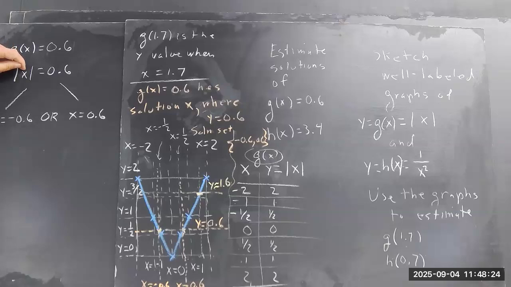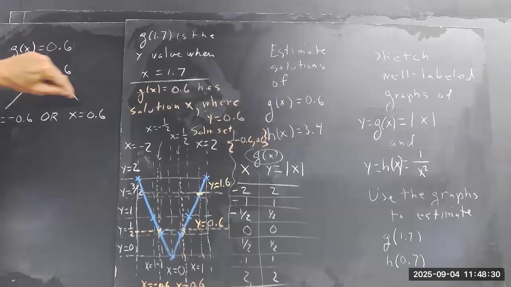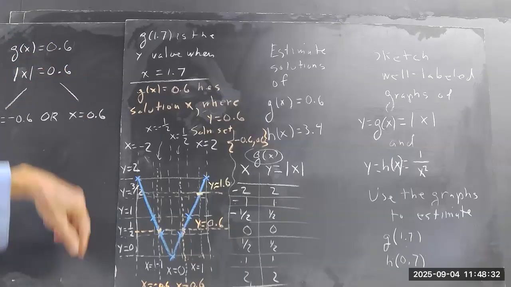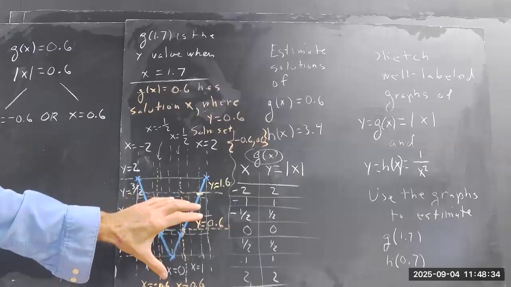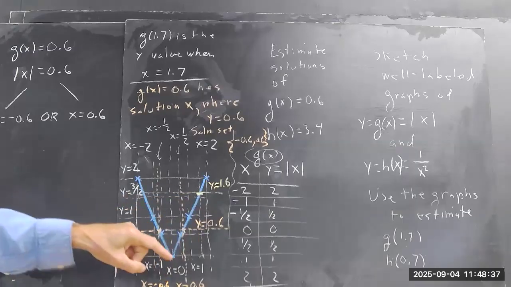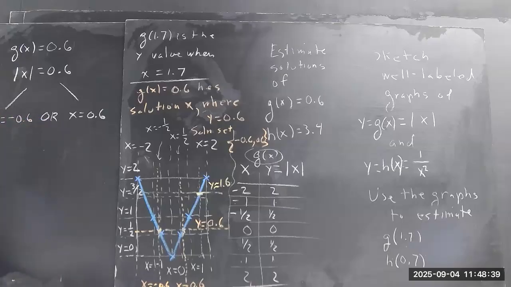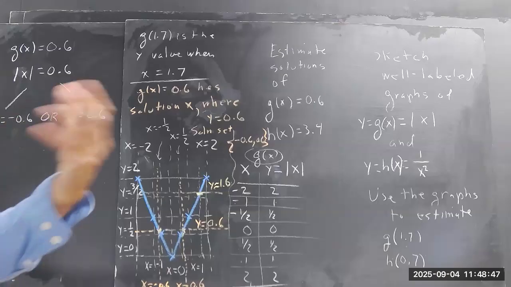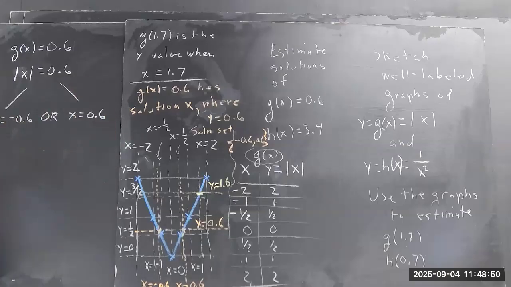From knowing what the absolute value means, the absolute value is 0.6 or negative 0.6. That doesn't depend on the graph, but the graph shows you that it's so. And one of the commonest mistakes I see is that people ignore this solution and just give me this. They just remove the absolute value signs and solve the equation. Please don't do that. It's going to cost you.